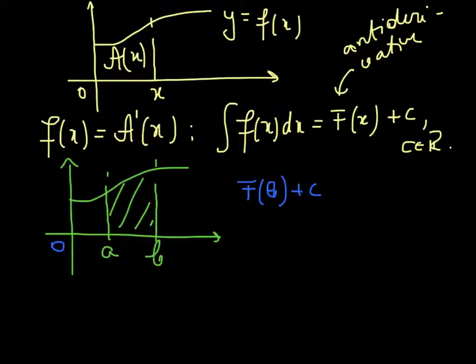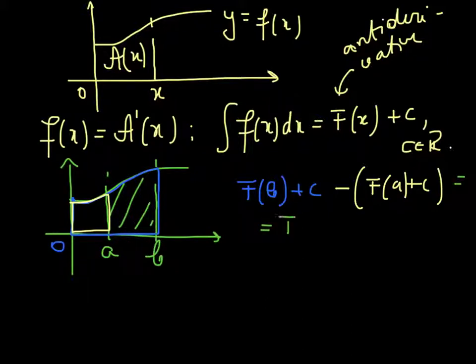This is the area from x equals 0 to x equals b. Take away F of a plus c. So I need to take away this area, which is going to give me F of b minus F of a.